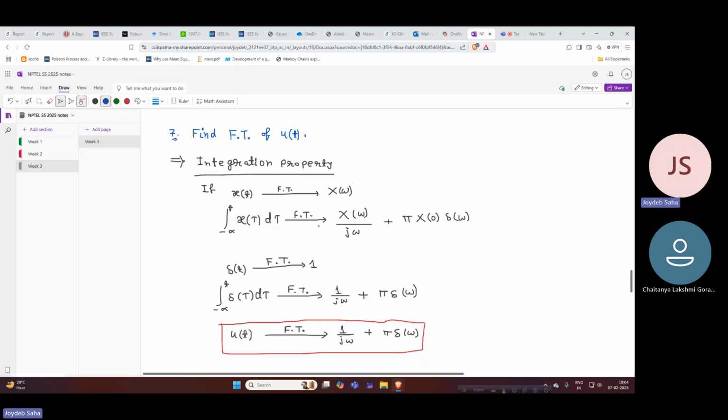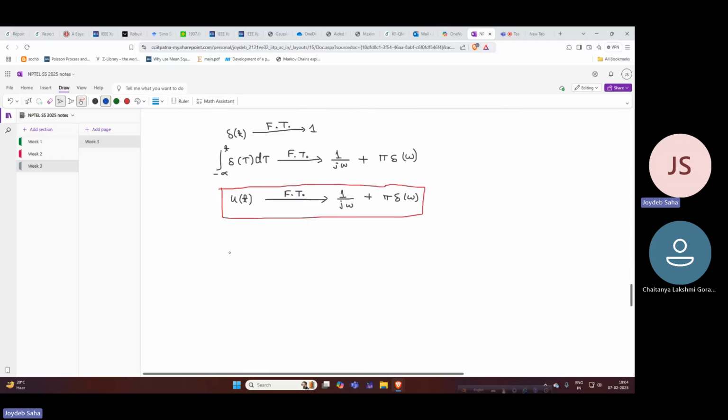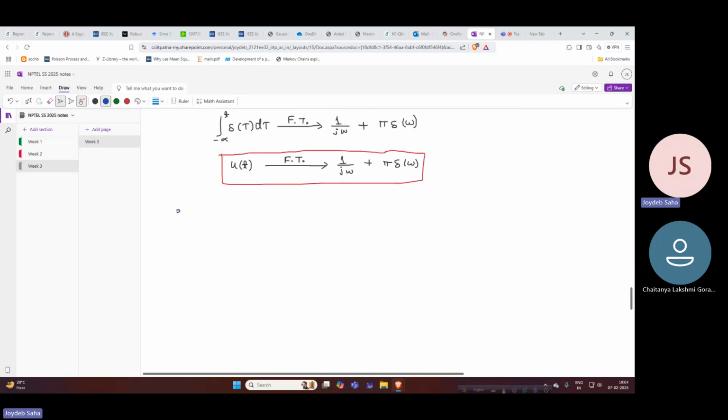Okay, so let us try to solve the next question. Find the Fourier transform of u of minus t.